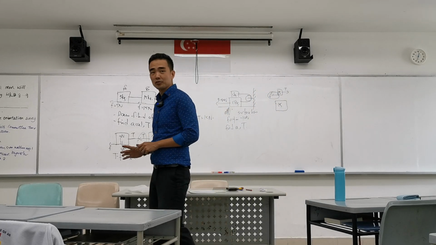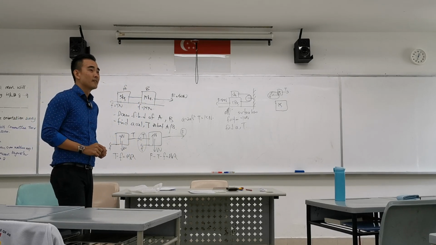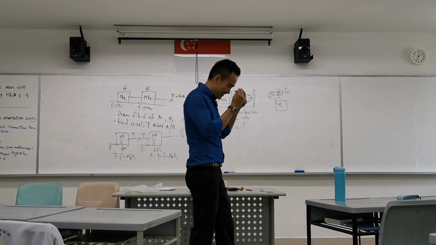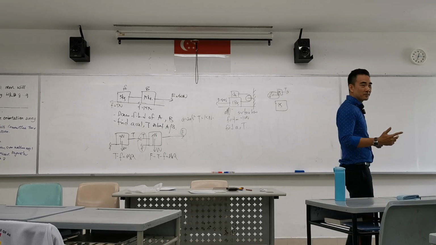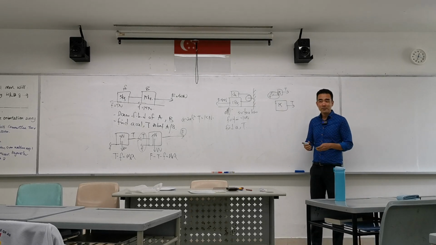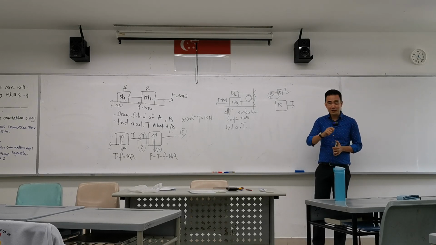How many horizontal forces act on the 15 kg object? So there's tension, there's friction. Okay, so this is tension, obviously. Tension pulls. Tension never pushes, in case you wonder. You never tie a string around someone and then push the person.